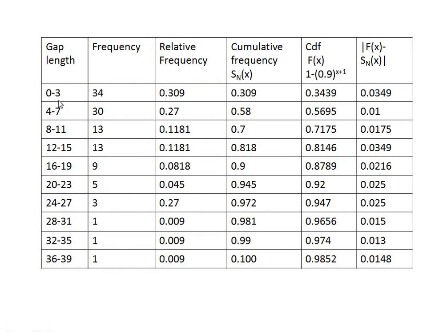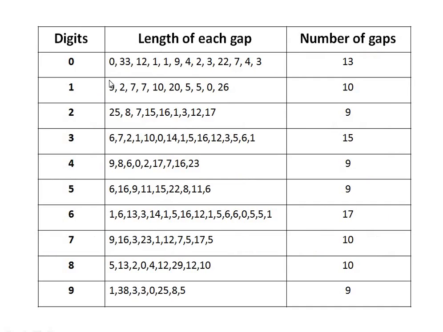The frequency in the gap interval 0 to 3, the number of observations, is 34. That is, the gap lengths 0, 1, 2, 3 and so on, counting all the gaps in this interval.